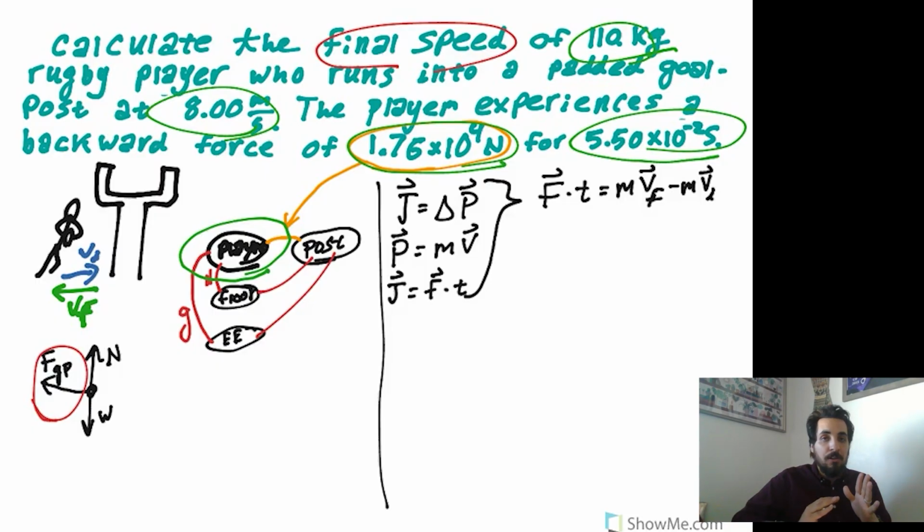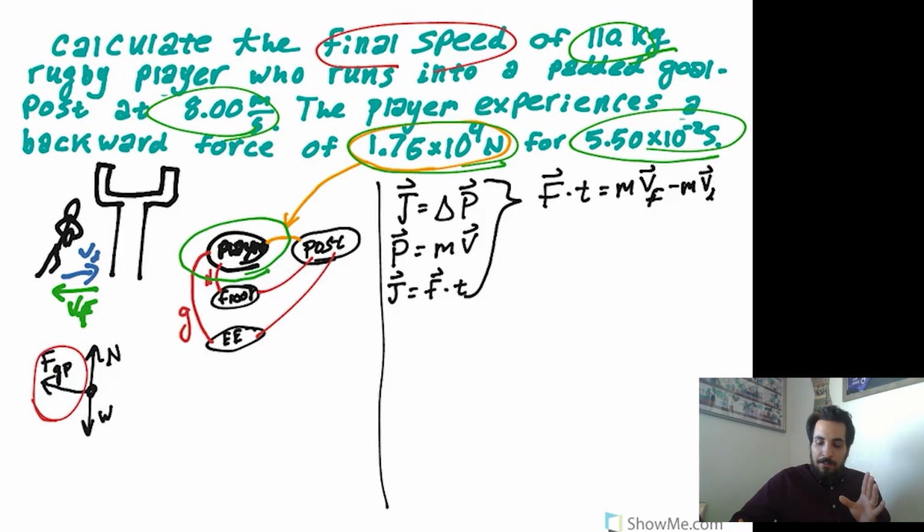So you combine those three equations and we arrive at force times time is equal to mass times final velocity minus mass times initial velocity. The minus is because we always take final minus initial to be our deltas.